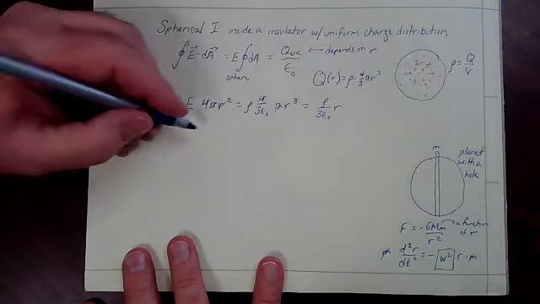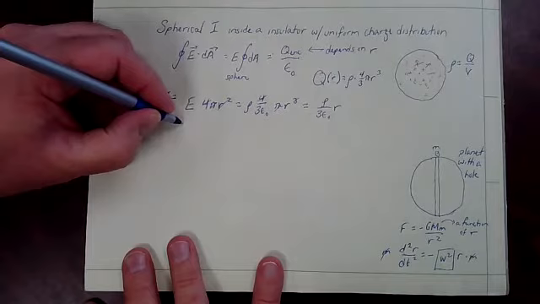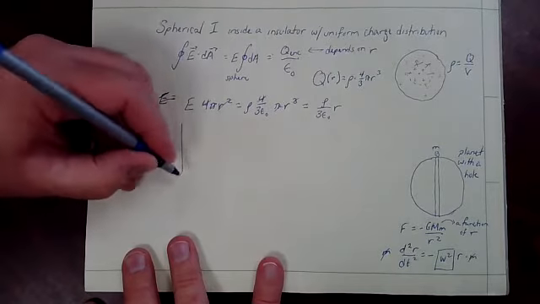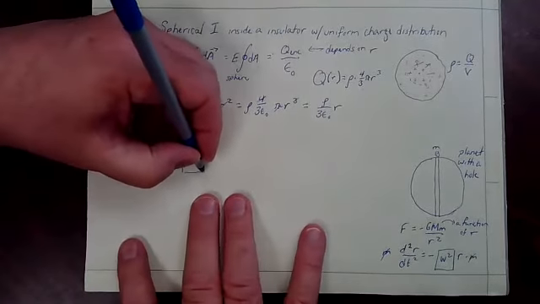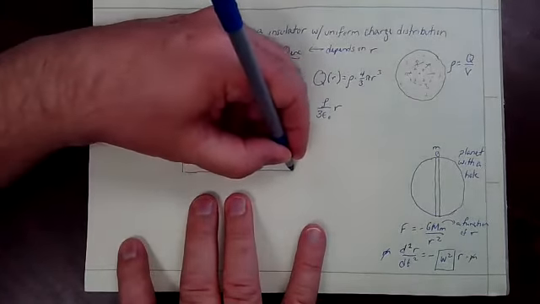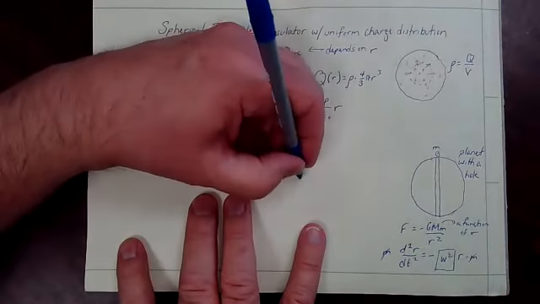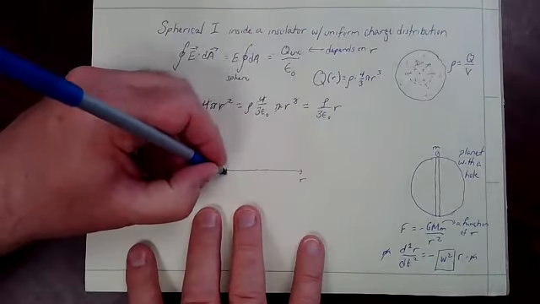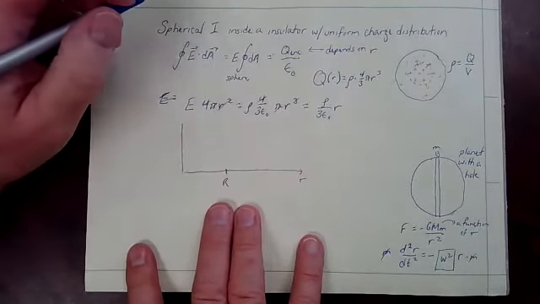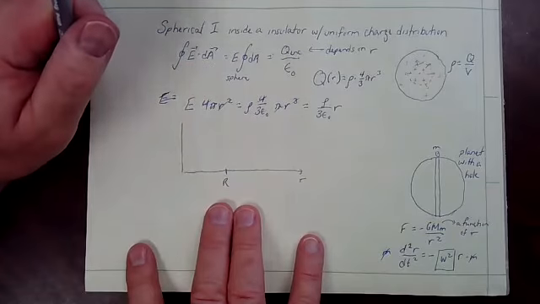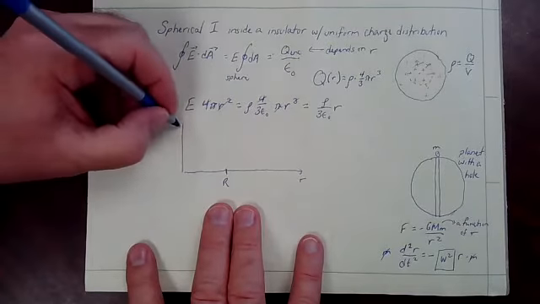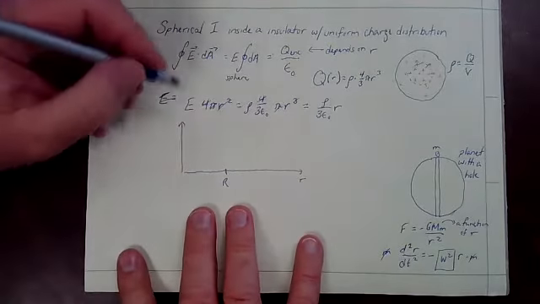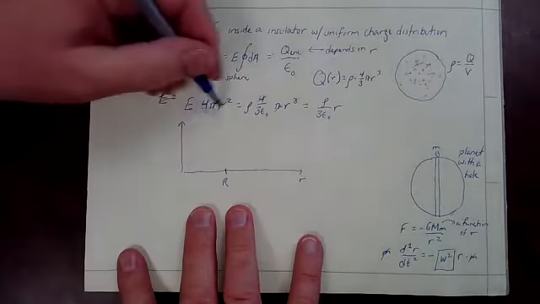So if I was actually going to plot the electric field as a function of r, and this comes up quite a bit, I'll label this big R. This is the radius of my spherical insulator. And so inside, the electric field grows.